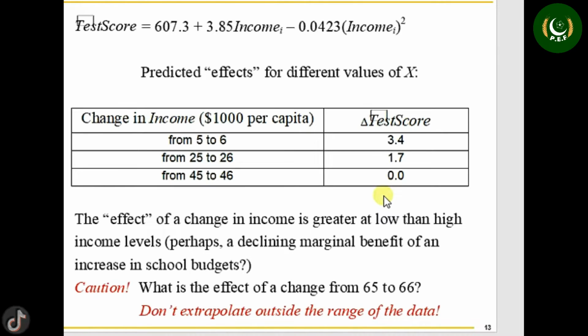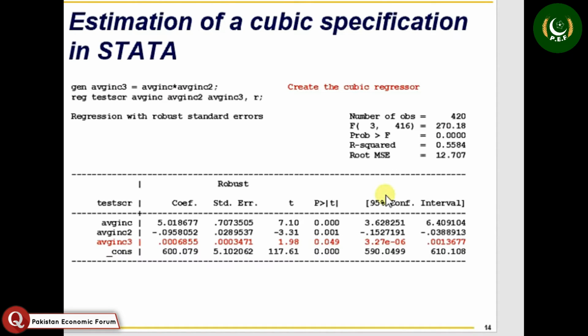Its interpretation is different from one range to another. That's the main difference. And here in the last line you see a caution. We don't have data at $65,000, $66,000 per capita. So never talk about something which is not part of your data, or those values which are beyond your data range.